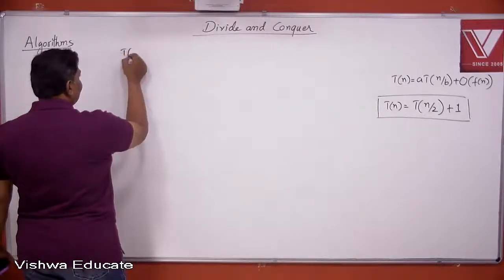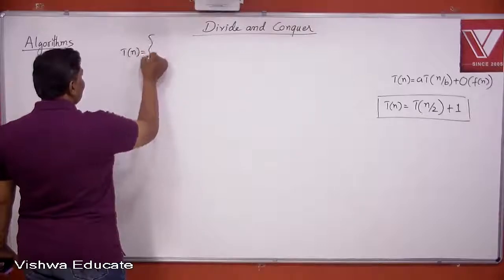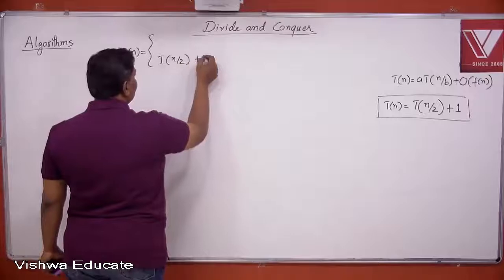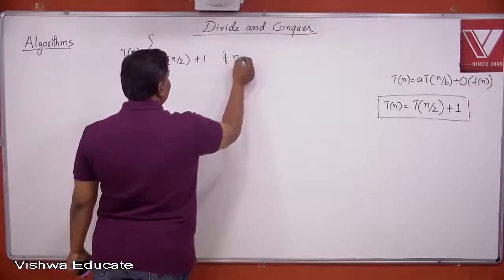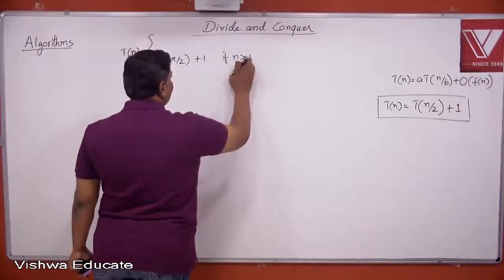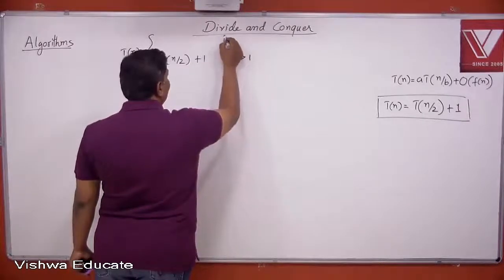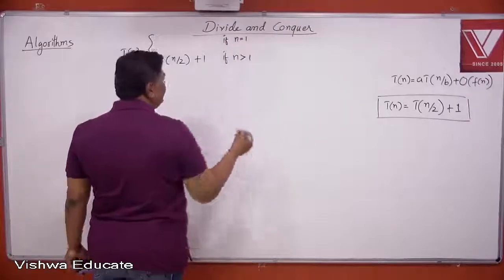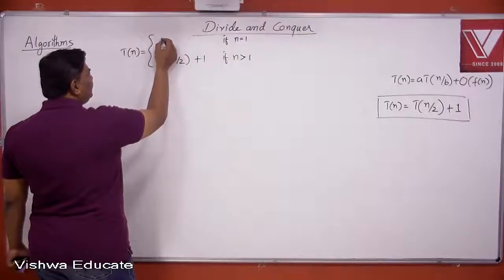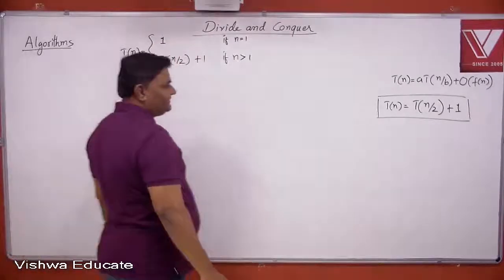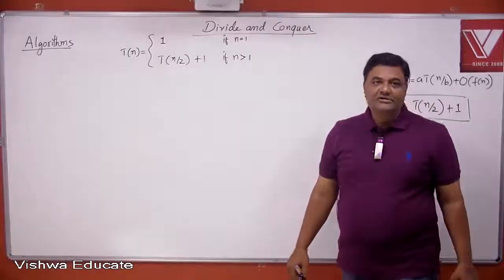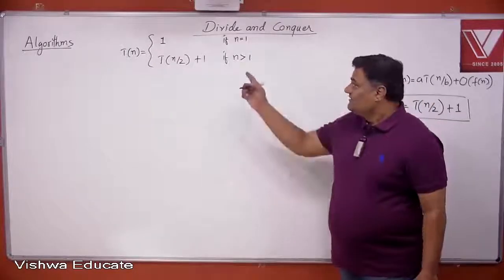So I'll write here: T(n) = T(n/2) + 1 if n is greater than 1. If n is equal to 1, there is only one element, nothing, it is returning. Then let us say 0. Instead of 0, let us write 1. Time is constant. 1 means constant. That also we have to write as an asymptotic value. So it is 1. This is the recurrence relation.